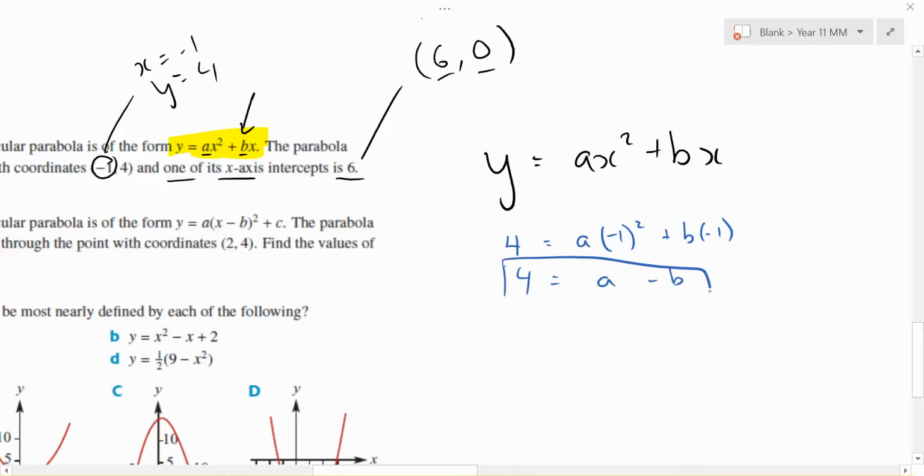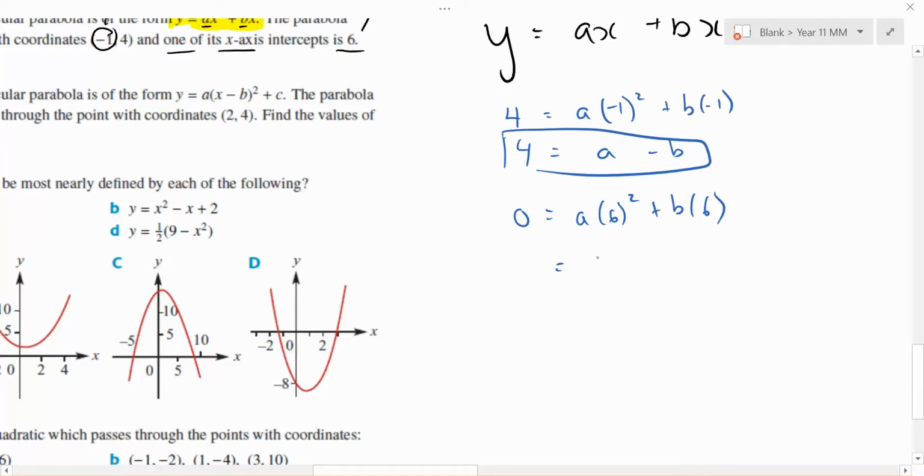That's my first equation. The second thing is I substitute again: when x is 6, y is 0. So 6 squared a plus b times 6, and we can work this out to be 36a plus 6b is equal to 0. That's my second equation.